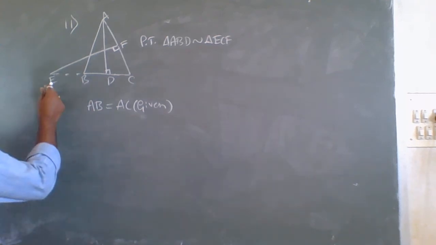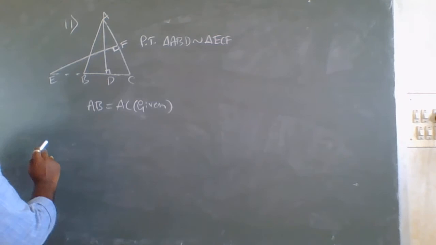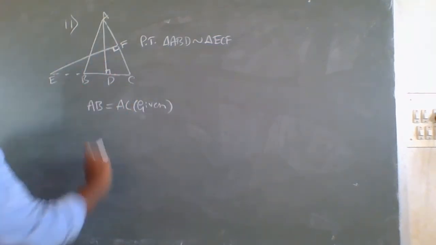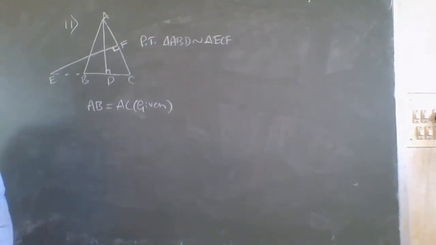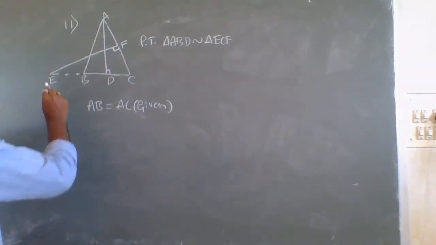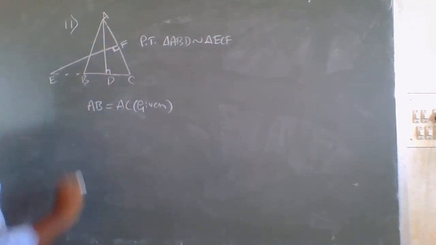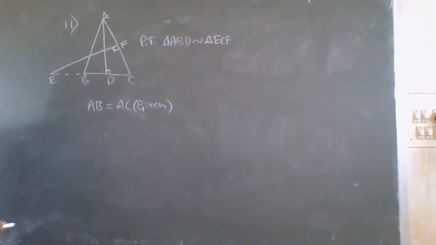This is a point on side BC, and ABC is an isosceles triangle where AB is equal to AC, AD is perpendicular to BC, and EF is perpendicular to AC. So we have to prove that triangle ABD is similar to triangle ECF.